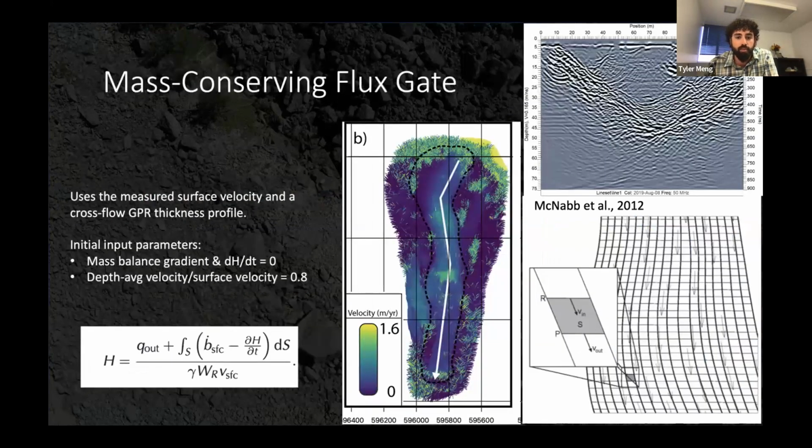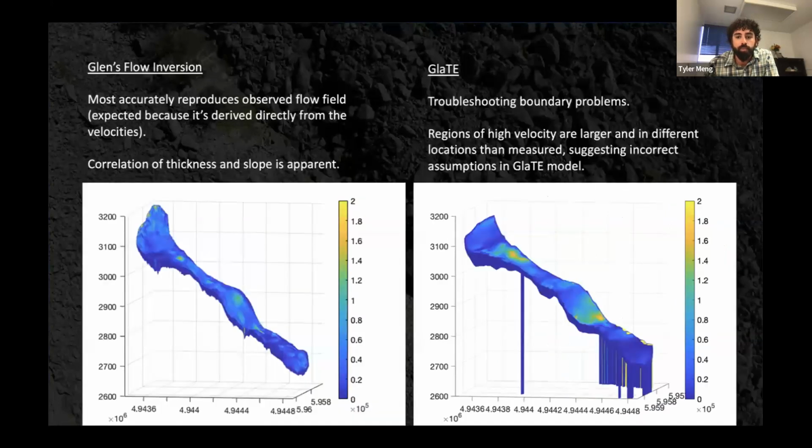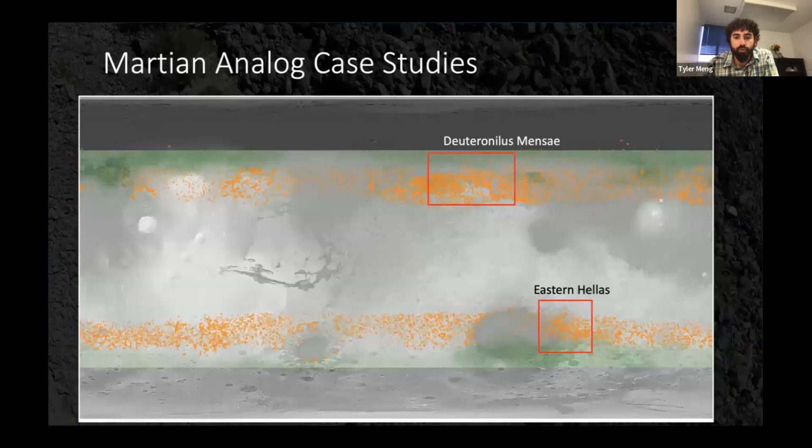So just to skip through some of these slides, and I'll try and leave some time for questions here. I'll just skip over to Mars really quickly, because I just wanted to show a quick comparative study of what we're working with on Mars.